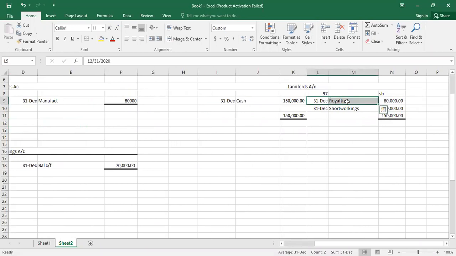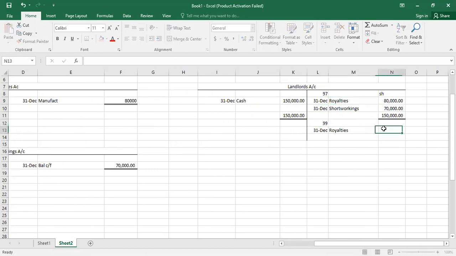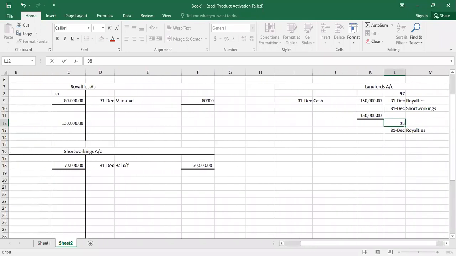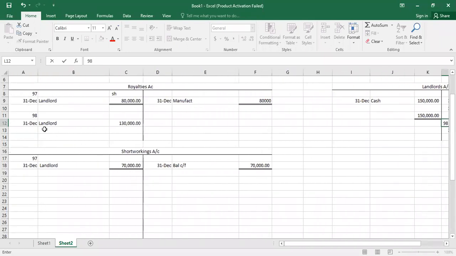Just copy paste. So this is the year 99, 130,000. Oh, it's 98. It's 98. Good. There is the year 98.